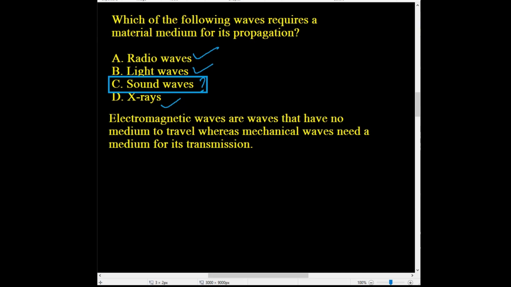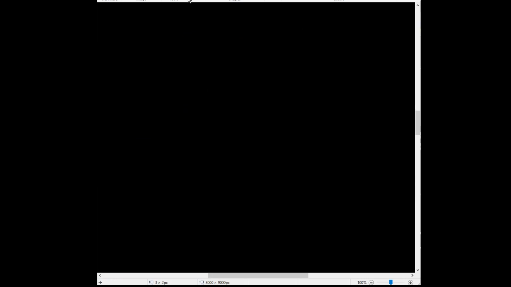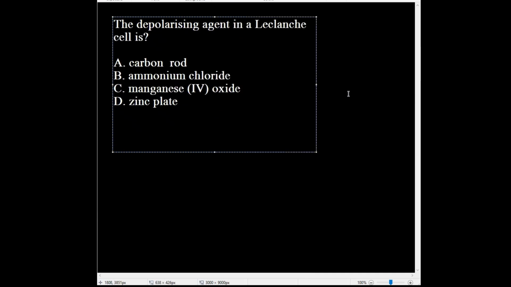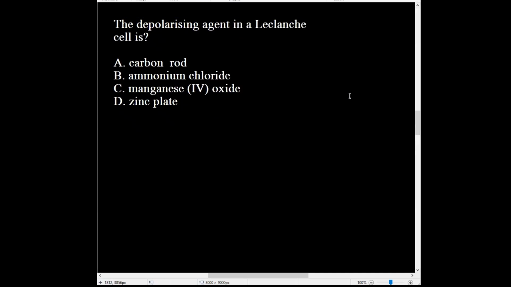So the next one is for Taye. Taye, the depolarizing agent in a Leclanche cell is dash. Just take note of this because you did not practice anything in a laboratory to determine this, okay?